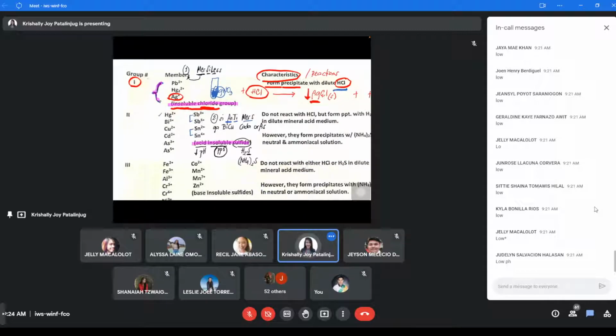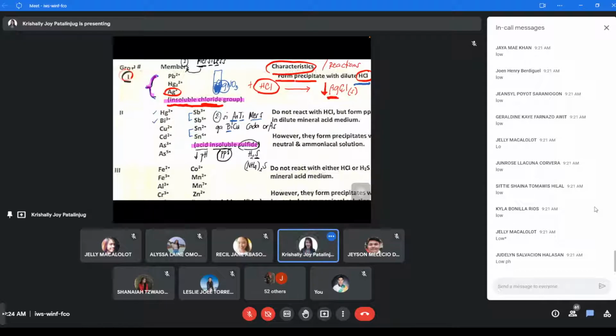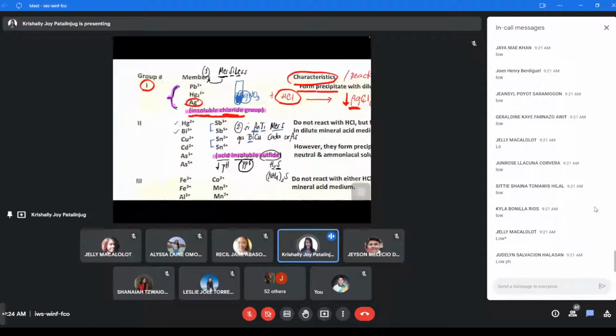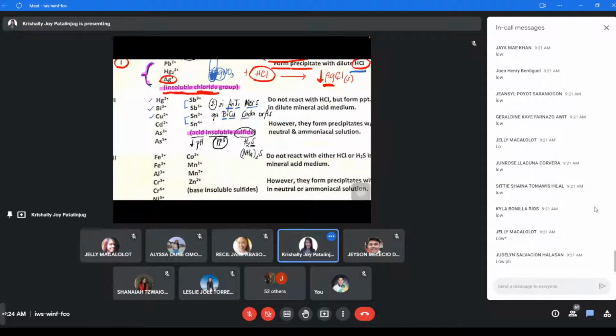Now this time, since group 2, alalahanin nyo na lang, MERS dyan is mercury 2, kasi group 2 na tayo. Okay? Then BI, B dyan is for bismuth ion. Alright? And then CU dyan would be copper. And yung CAD dyan is cadmium. Then yung AS, arsenic.